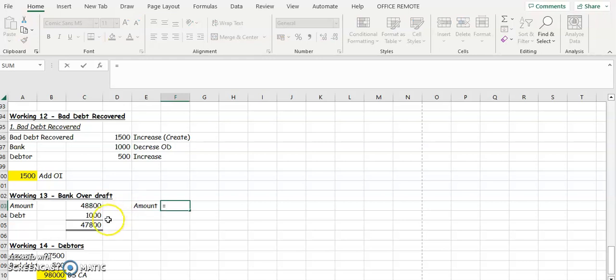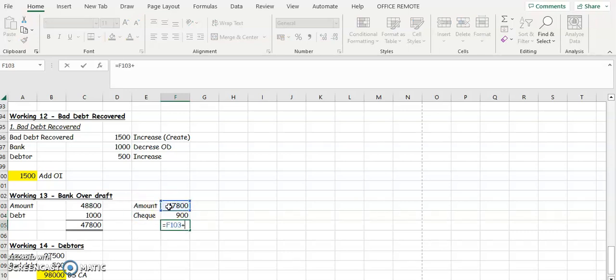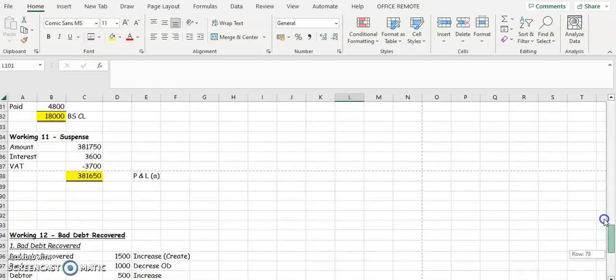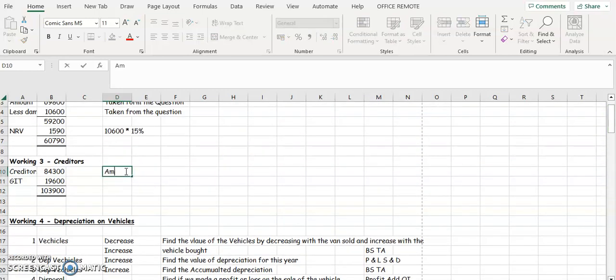So we have a bank overdraft already, 47,800. We've got the check of 900. So our bank overdraft is going to go up by 900. And then we also need to adjust our creditors by 900. So we would have a previous adjustment done with our creditors as part of goods in transit.